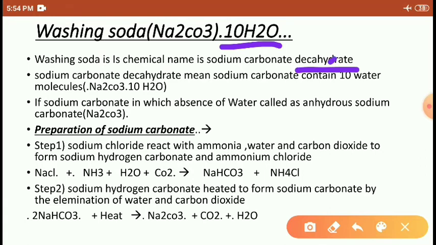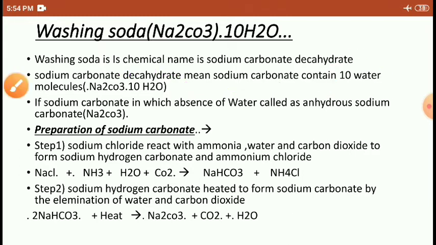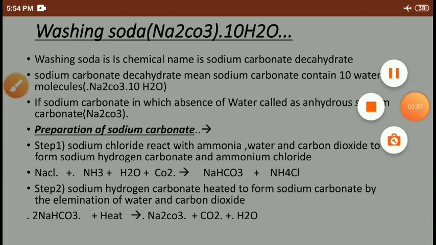Understood? Okay. Sodium carbonate decahydrate means sodium carbonate contains 10 water molecules. Why are we using the word decahydrate? Because it contains 10 water molecules. That's why it is called a decahydrate. Right, friends?